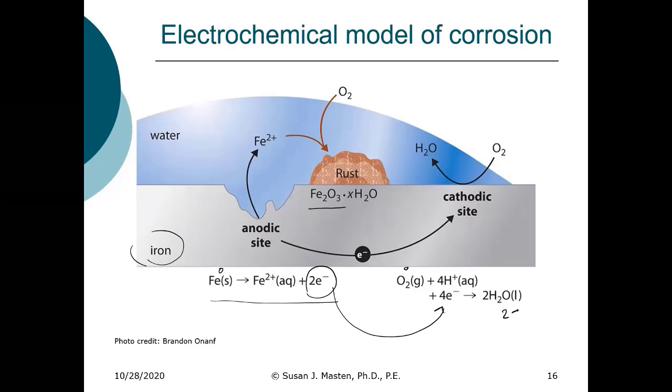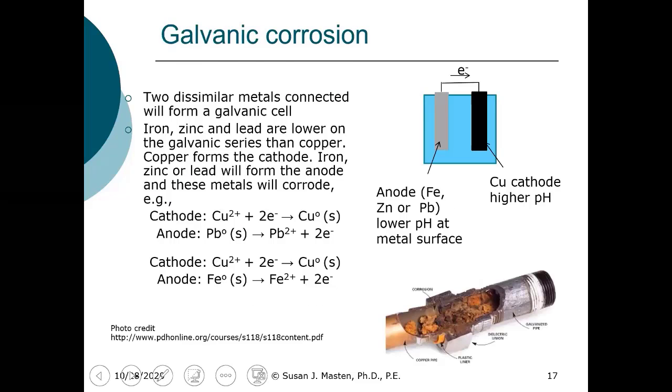Now, we also talk about galvanic corrosion. And here we're looking at a situation where we have two different metals. So they're what we refer to as dissimilar metals, and they're in physical contact with one another. If there is a transfer of electrons, then one can be reduced and one can be oxidized. And you see that here. So in this case, we have an iron pipe here.